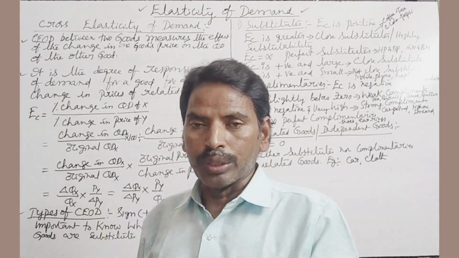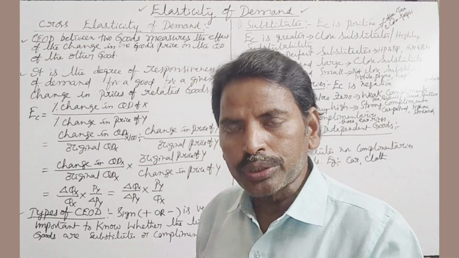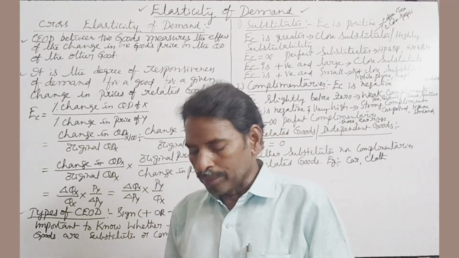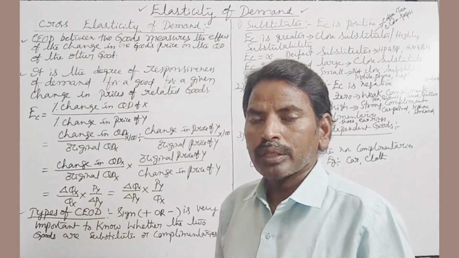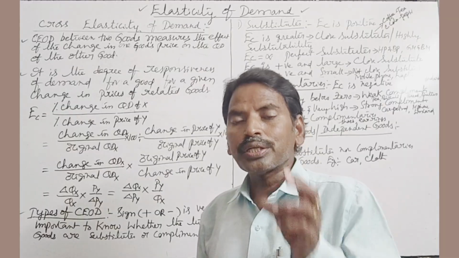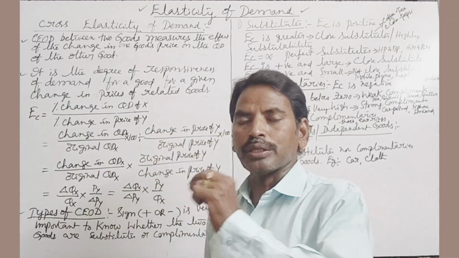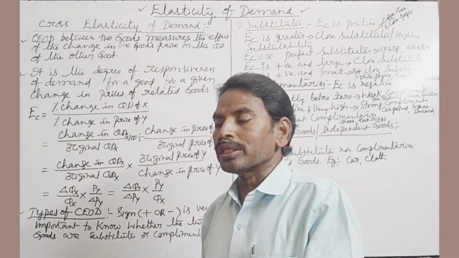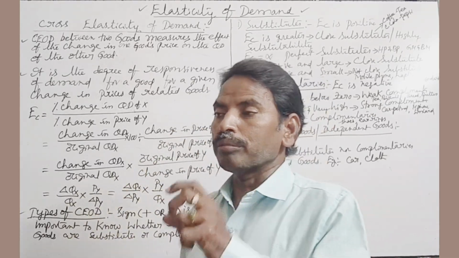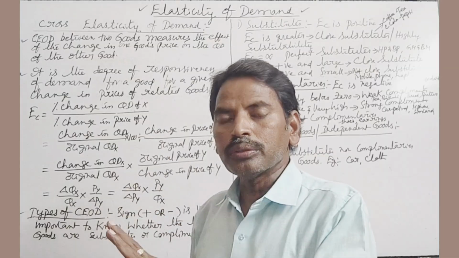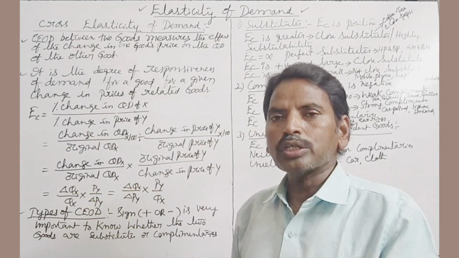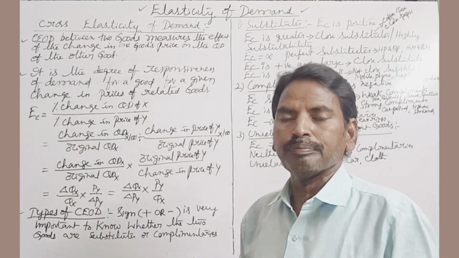Related commodities are of two kinds: substitutes and complementaries. So, in other words, cross price elasticity of demand means percentage change in the quantity demanded of X divided by percentage change in the price of Y, or percentage change in the quantity demanded of X is due to percentage change in the price of Y. This is called cross price elasticity of demand.